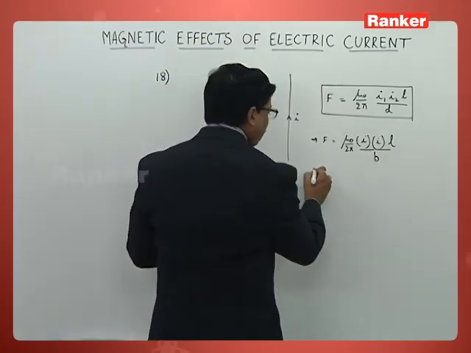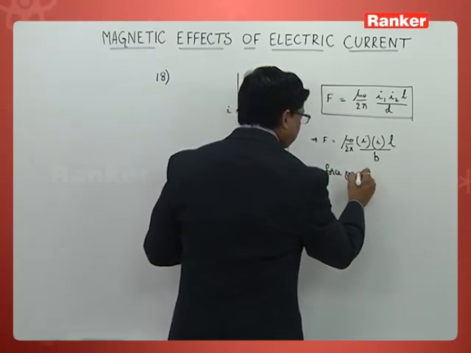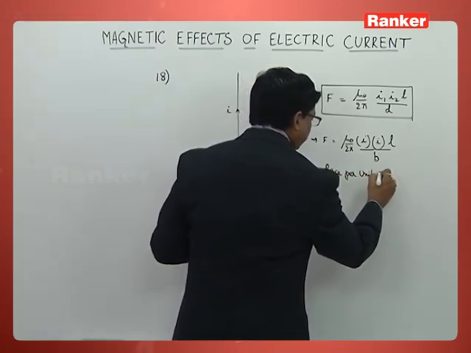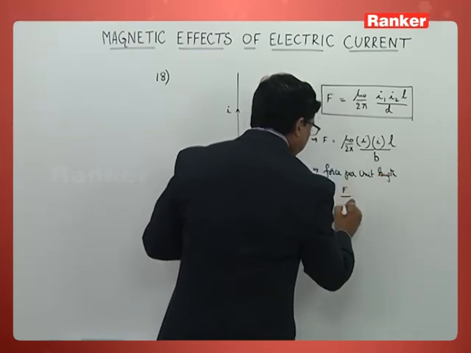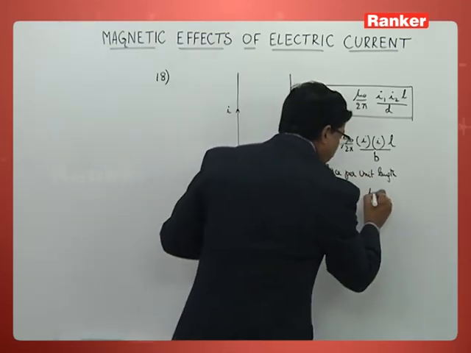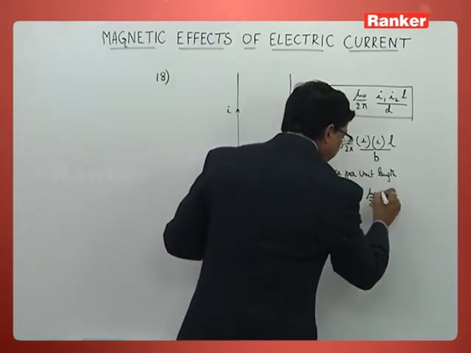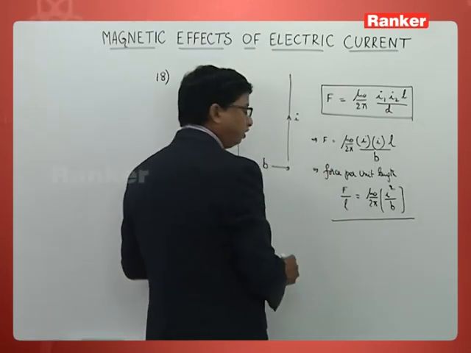So what can we write now? Force per unit length I just want. Force per unit length, that is simply F by L. So what is now left over? Mu naught by 2 pi into I square by B. That must be your answer.